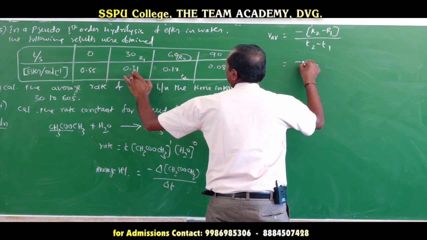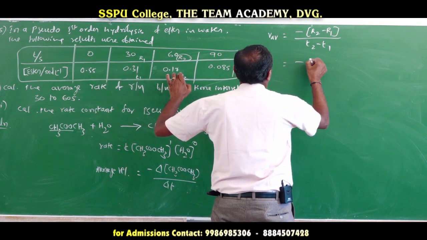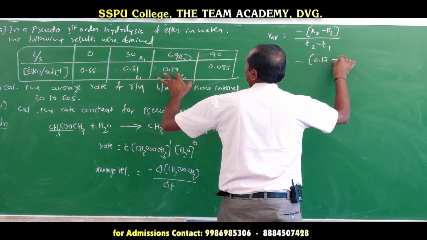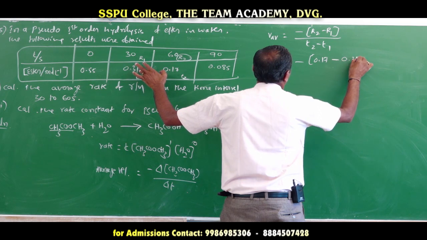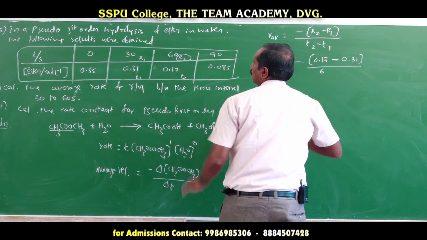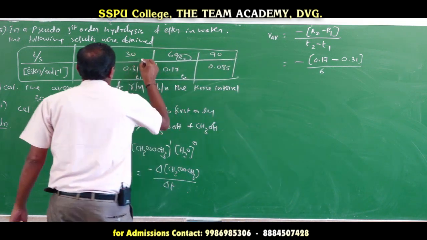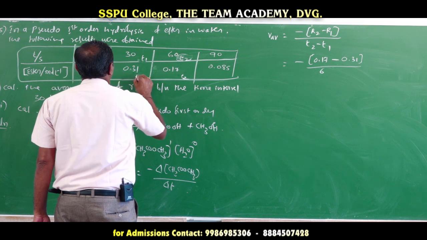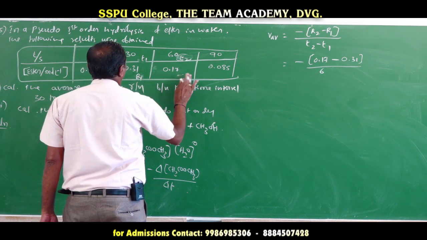So minus R2 concentration 0.17 minus R1 concentration 0.31, divided by T2, T2 is 60. So I wrote these two reversed. T1, this is T2, this is R1, this is R2. Sorry.